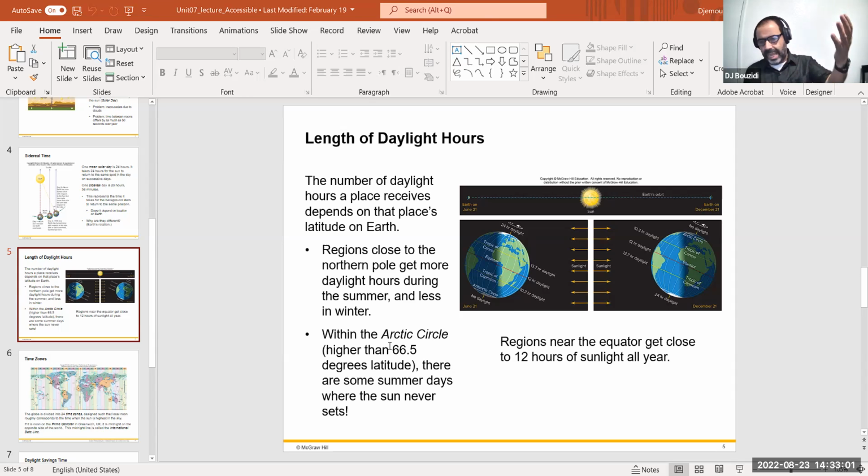Again, when it's all day in the northern hemisphere, above 66.5 degrees, it's all night below 66.5 degrees in the southern hemisphere. So the picture reverses. Okay, so again, this is how much exposure. This is actually the reason why we have the daylight savings, at least in some countries that adopted that approach.